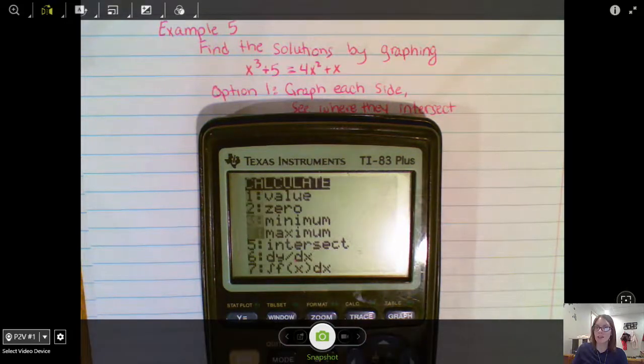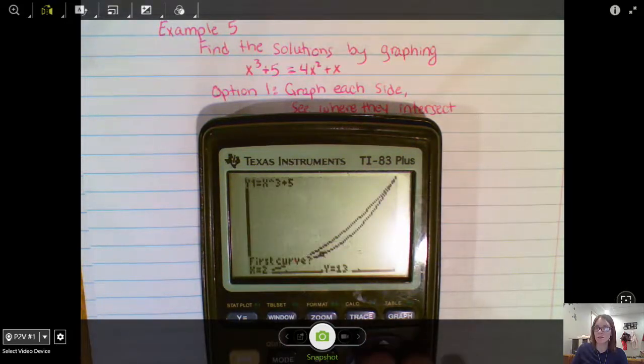The second calc intersect again. And again, if you pay attention to the top left corner here, x cubed plus 5, that tells me what equation my cursor is on. First curve, second curve, we're right there. There's our third intersection point, 3.93.